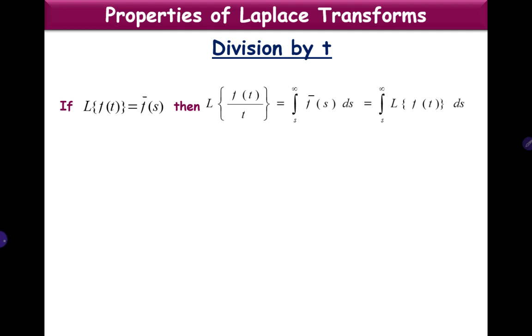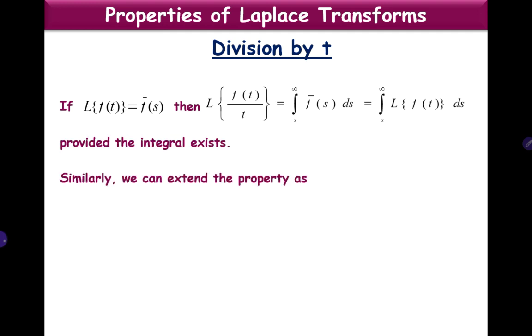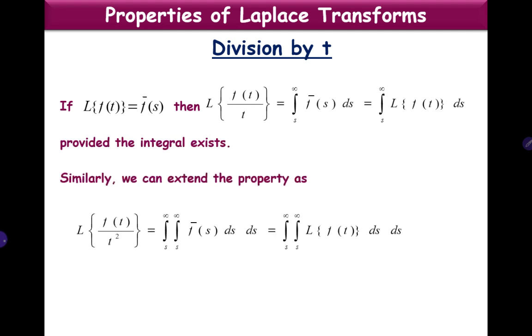This property can be extended further: L of f of t by t square is the integral from s to infinity of the integral from s to infinity of L of f of t, twice. So in today's lecture we apply these properties to derive the Laplace transform of some functions.